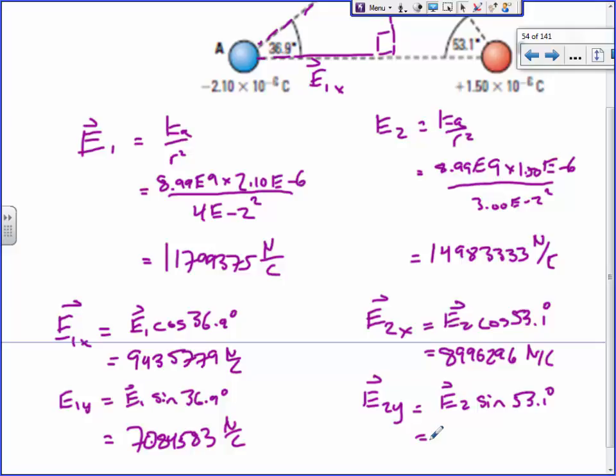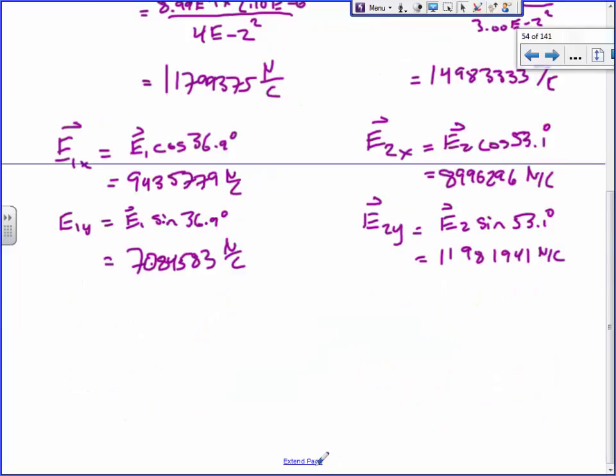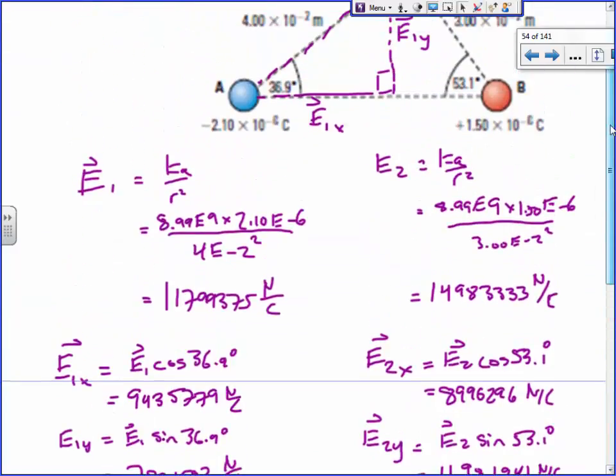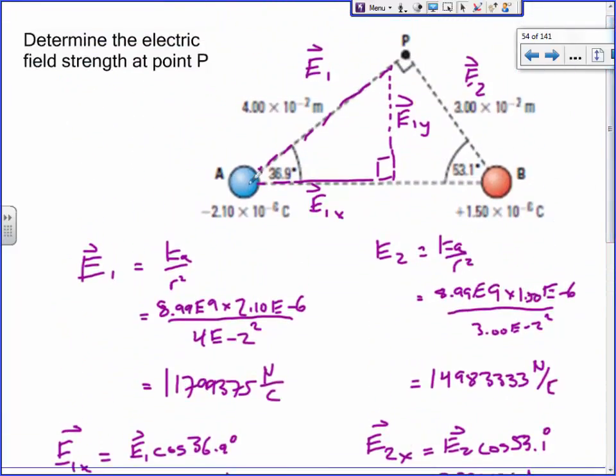Where is that? The 149 number times the sine. Okay, we got that. So let's think about this here. This guy is negatively charged, so the field's going to go towards him.